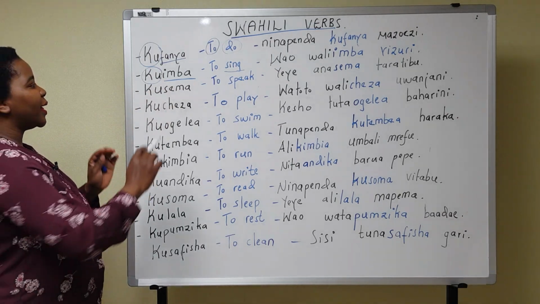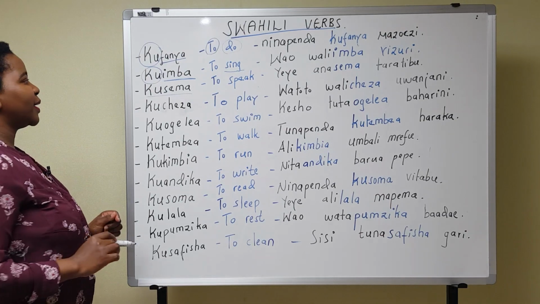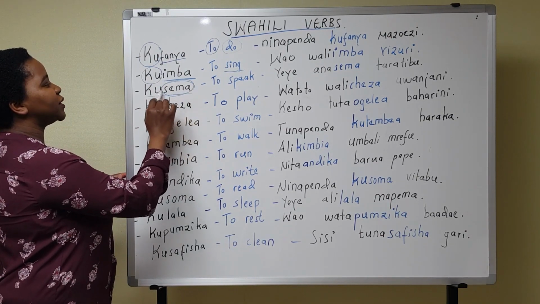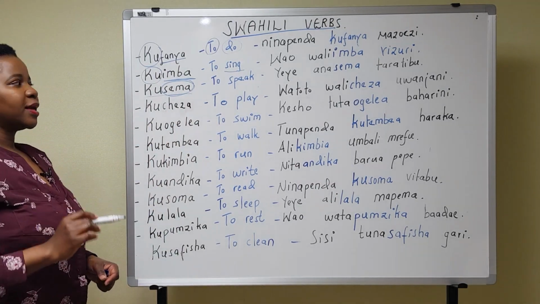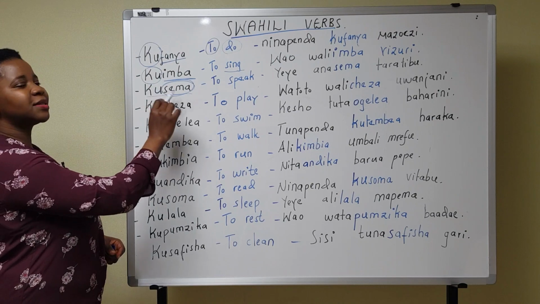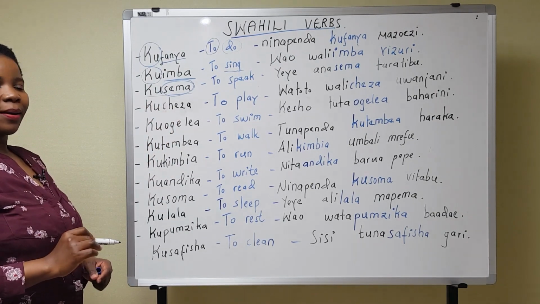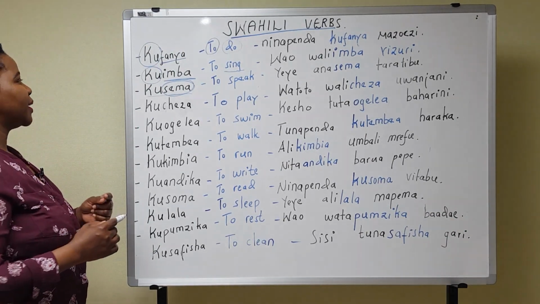Kusema is to speak, and the verb root is sema, which is speak. So speak is sema, and kusema is to speak.